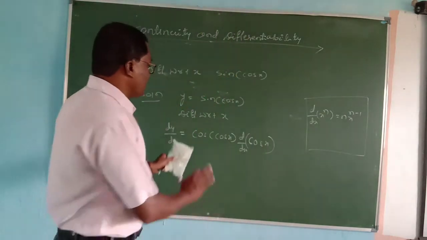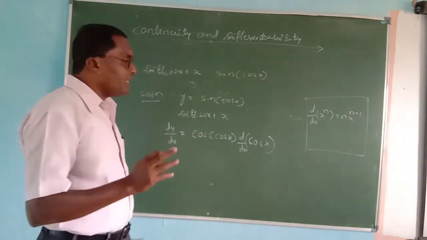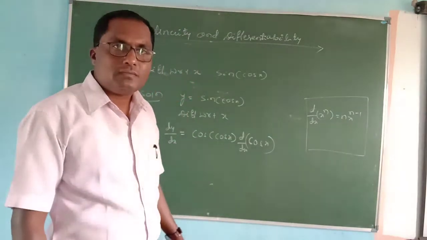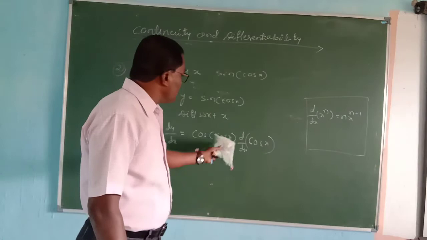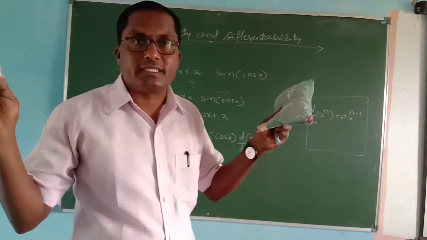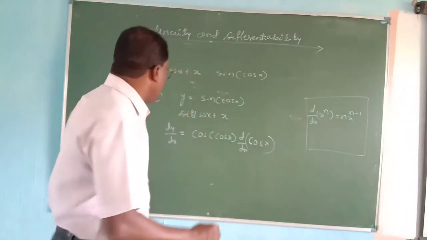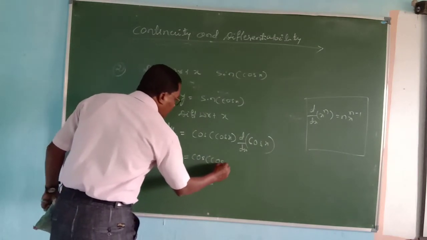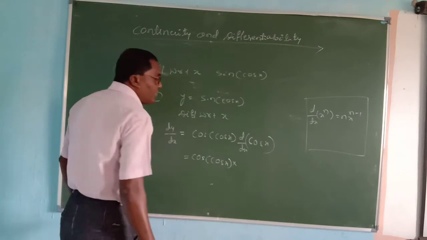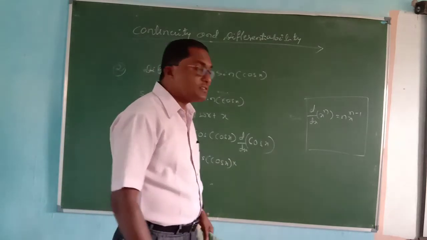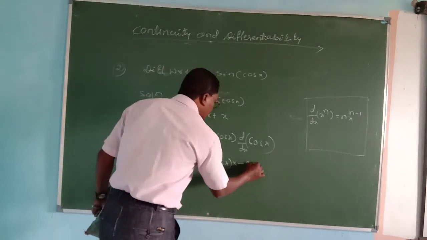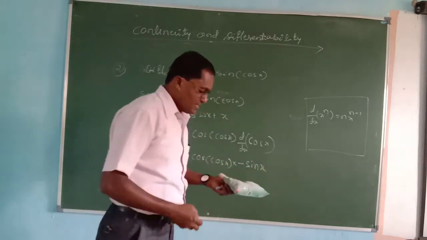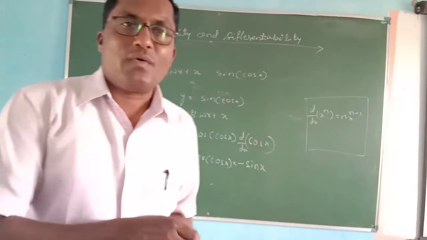I write these steps. Differentiation of sin is cos, so cos of cos x, and differentiation of cos x. So that is equals cos of cos x into what is differentiation of cos, minus sin x. I think you are following this one.